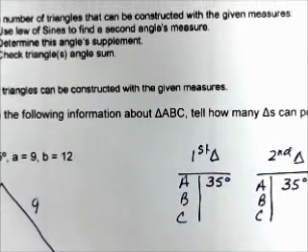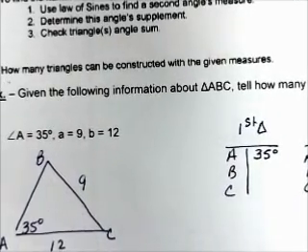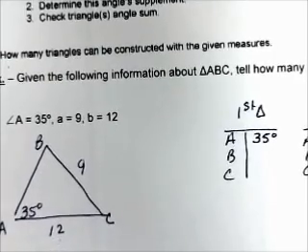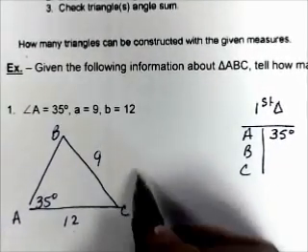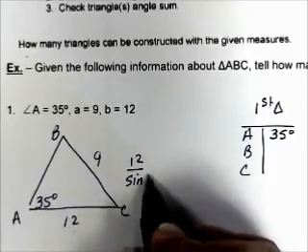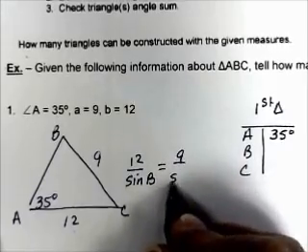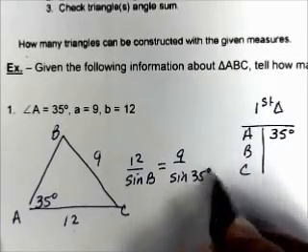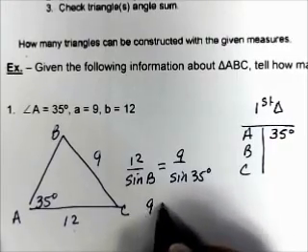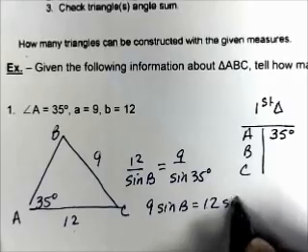Next, we're going to use law of sines to determine the second angle's measure. We know the length of the side opposite angle B, so we're going to find the measure of angle B using law of sines. So 12 over sine of angle B is equal to 9 over sine 35. Cross multiply, we have 9 times sine of angle B is equal to 12 times sine 35.